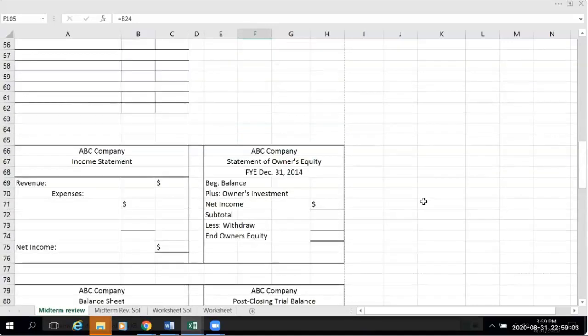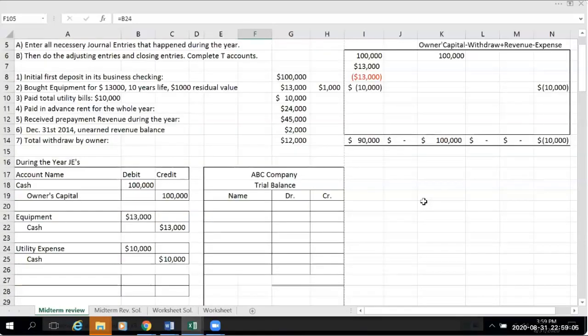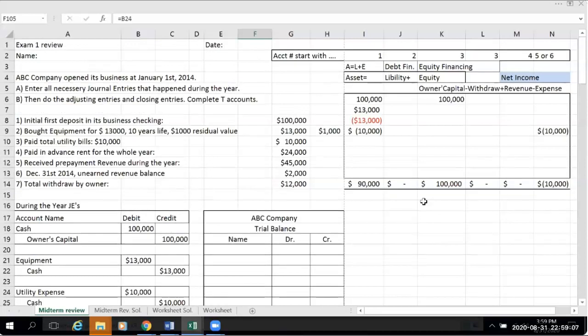So let's go up. Okay, let's put it in here. So normal balance for any asset, debit.